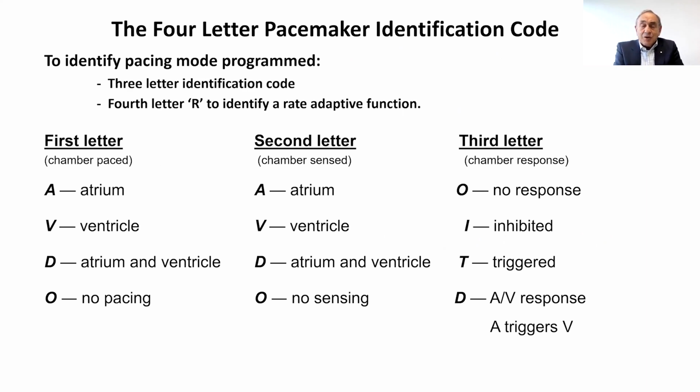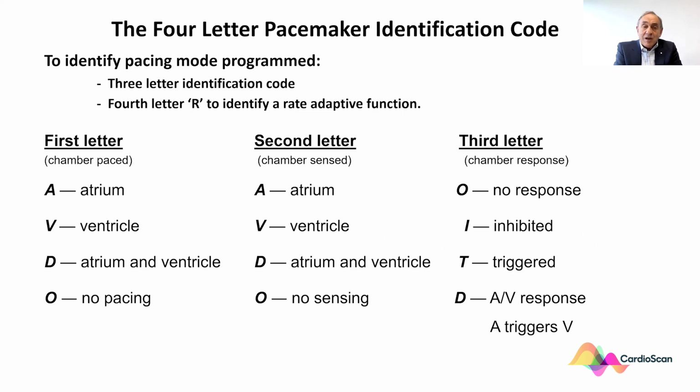This came about when pacemakers became more complicated. They were initially just ventricular, there was some atrial, and then with the introduction of dual chamber pacing, we had to design a way of describing what the pacemaker mode was.